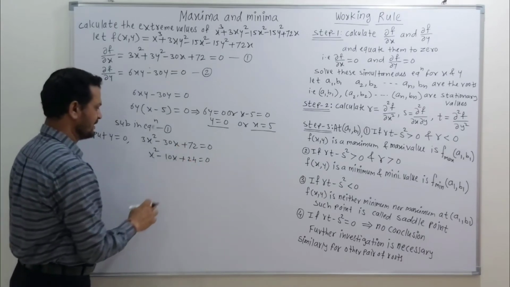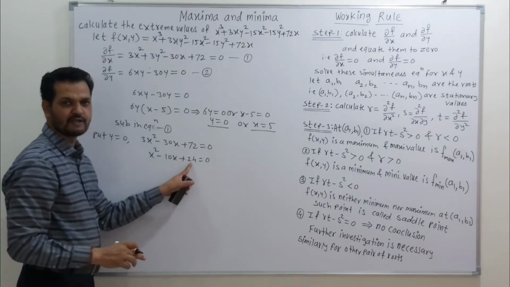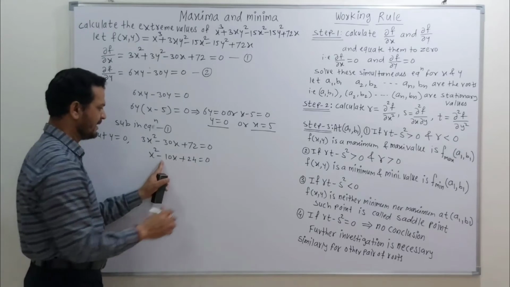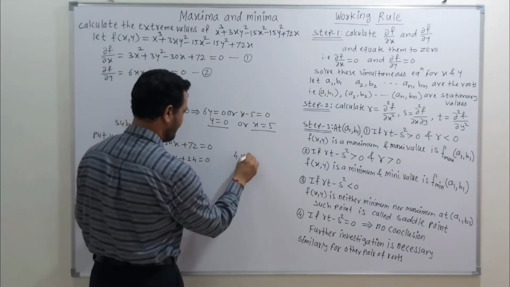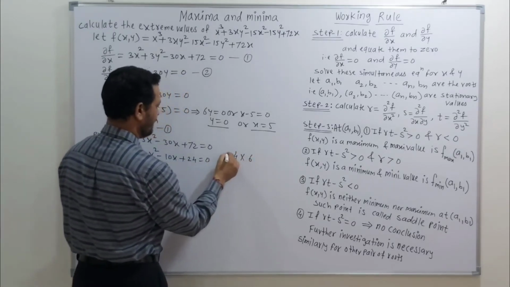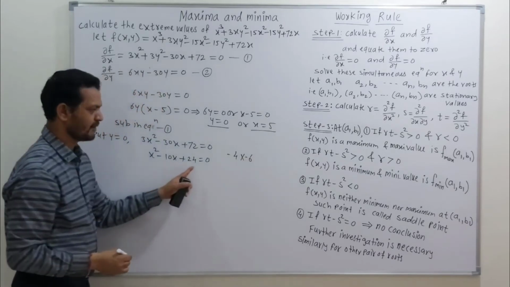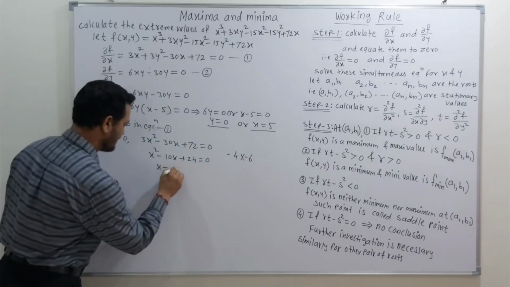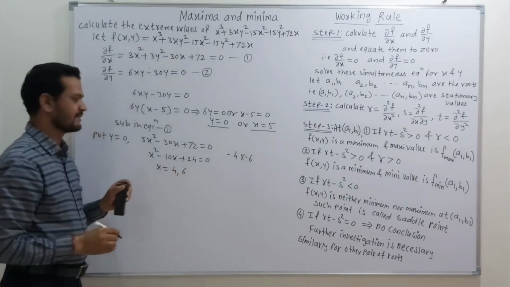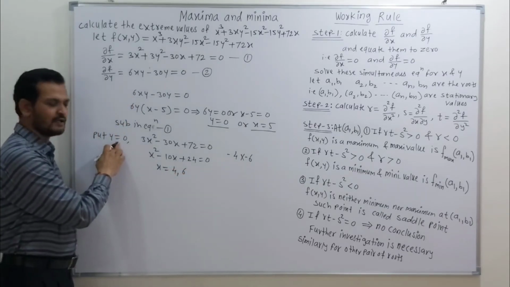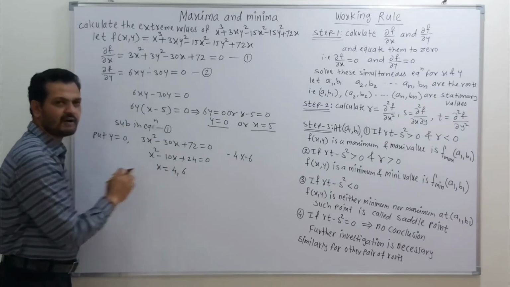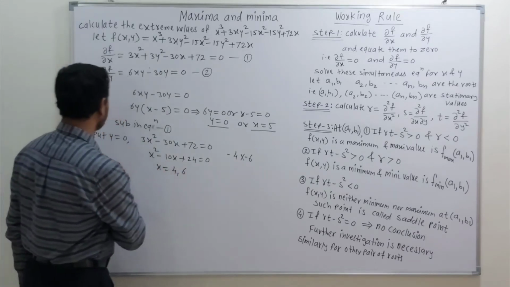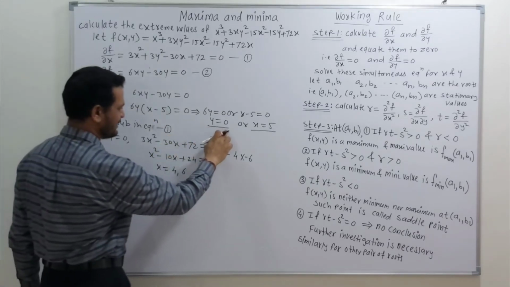So to find the roots of this equation, find the numbers whose product is 24 and addition is minus 10. So we know that 4 6s are 24 and this is minus, so product becomes plus and this becomes minus. That means roots of this equation are 4 and 6. That means at y equal to 0, x is either 4 or 6. This is the case when y is equal to 0.